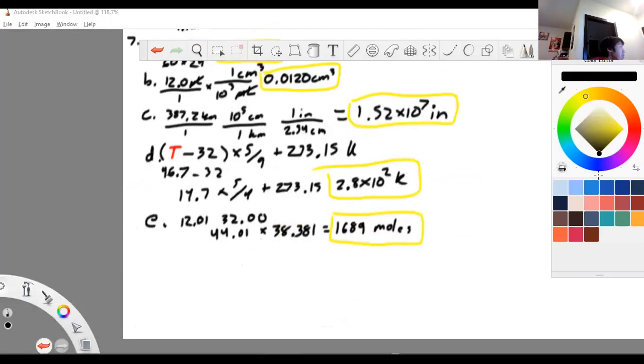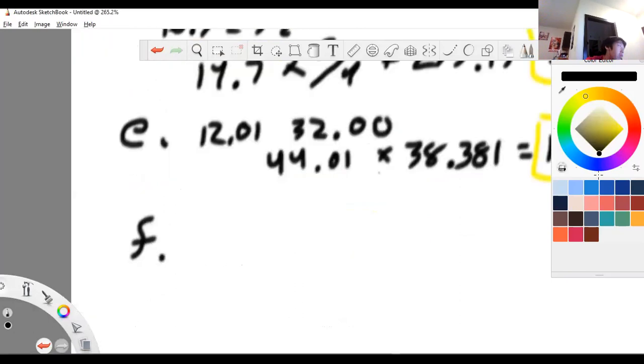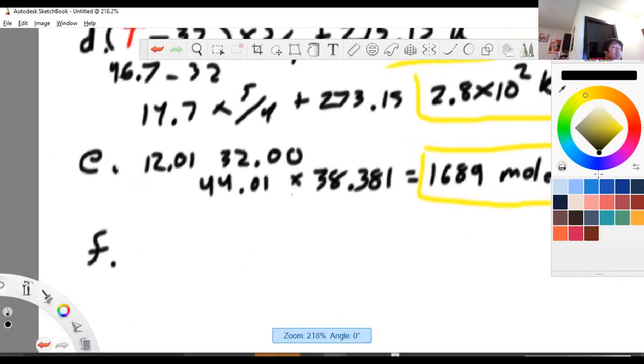0.064 moles of ammonia to grams of ammonia. So same thing with E. I don't think they actually changed any of the values in here from last year.